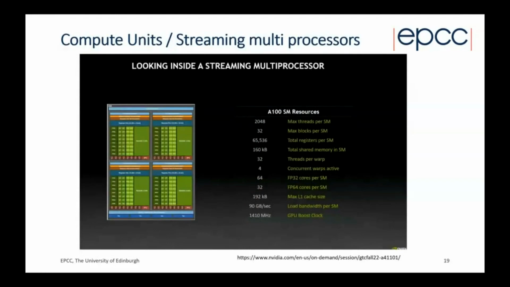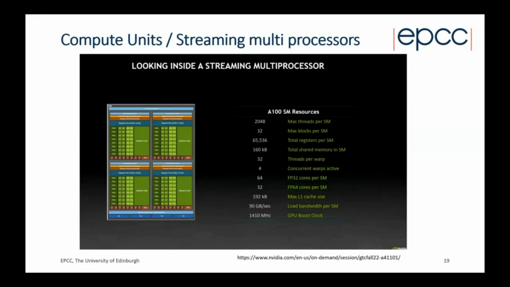Just to reinforce the idea that the GPU is fundamentally made up of the same thing, this is a slide on an NVIDIA A100 GPU. A particular A100, for example, has 2048 threads per stream multiprocessor.